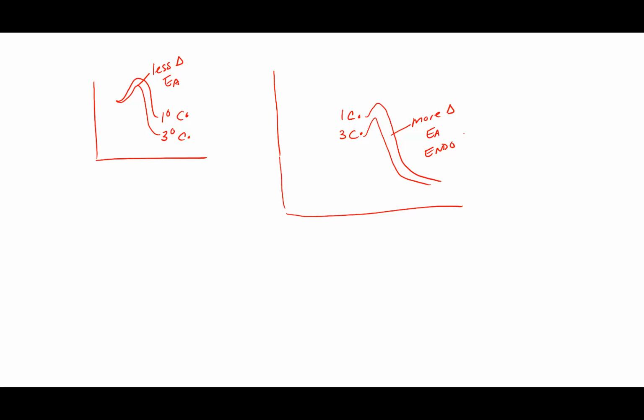Over here with the endothermic, those differences are going to be bigger, and they're amplified by the logarithmic function so that the rate of forming the tertiary radical is going to be much, much faster. So it's the exothermic versus endothermic that affects the rate difference.